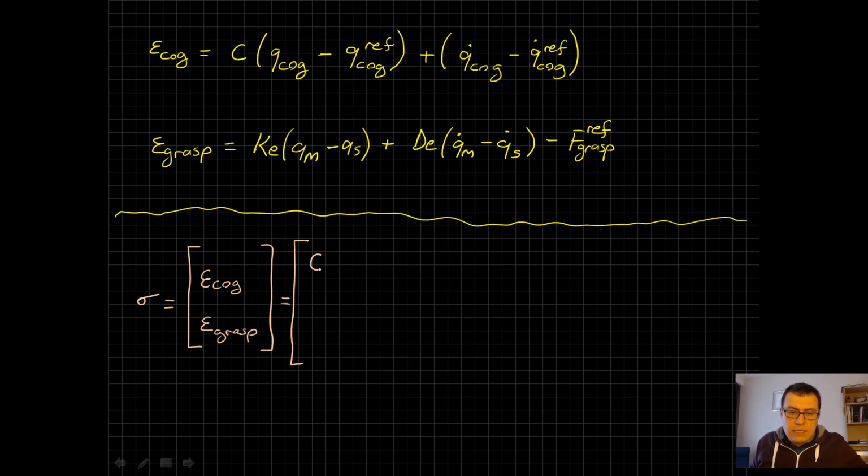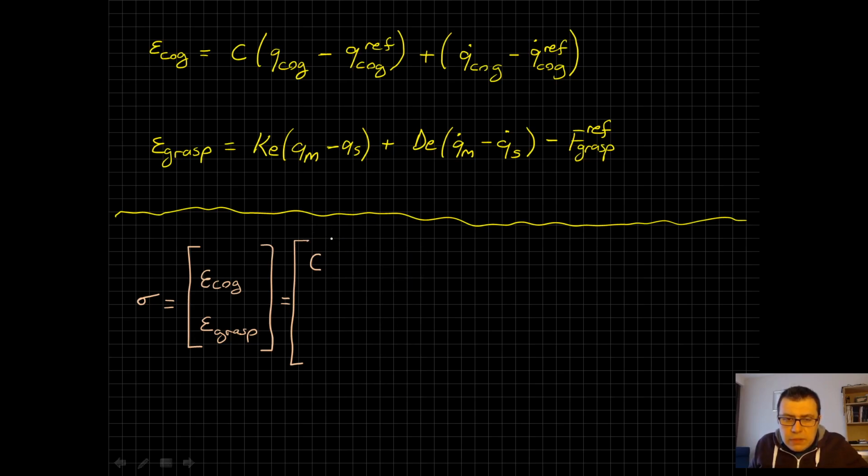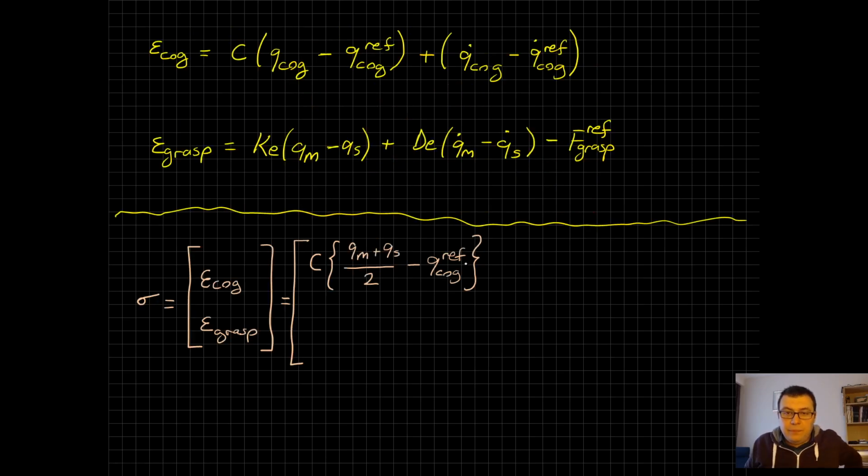That is, C times QCOG was nothing but, I'm sorry, I'm just very new to this. Okay, QCOG was nothing but (QM plus QS) over 2 minus QCOG reference, right? I simply take this and wrote back its content from that slide.